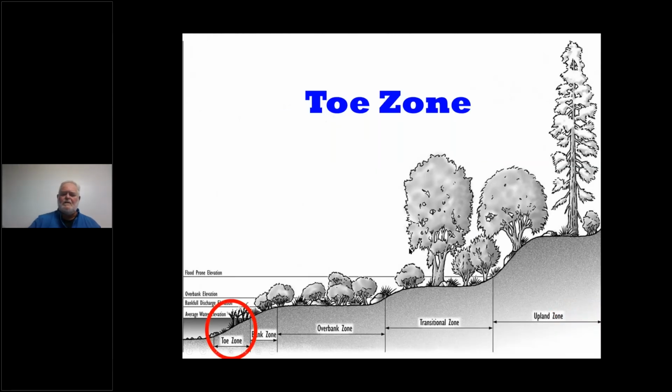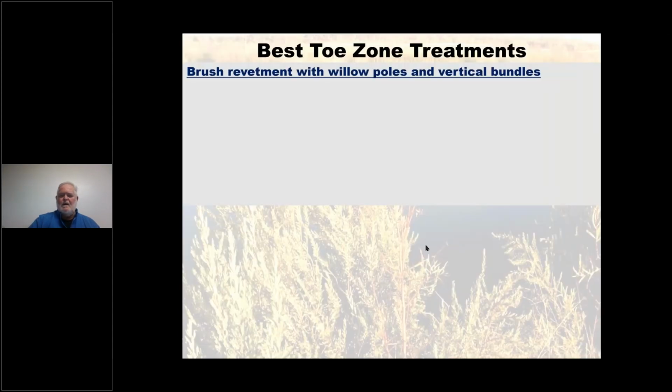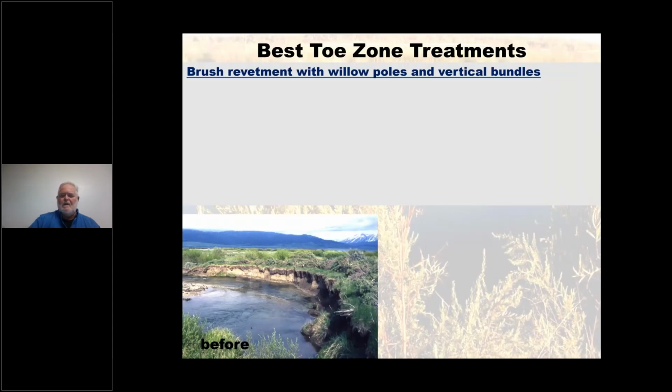So let's talk about the toe zone. The toe zone in this situation is here, and it's what protects the stream. The best toe zone treatments are revetments with willow poles and vertical bundles.